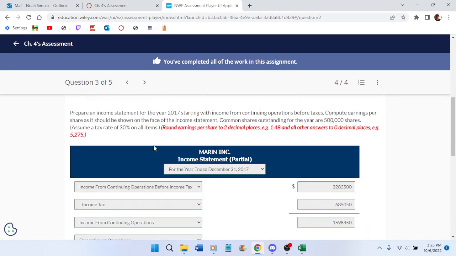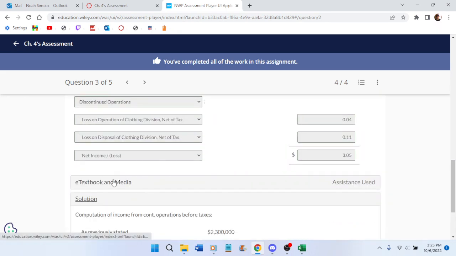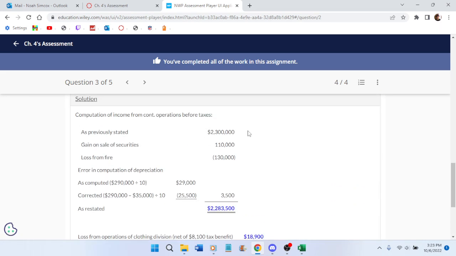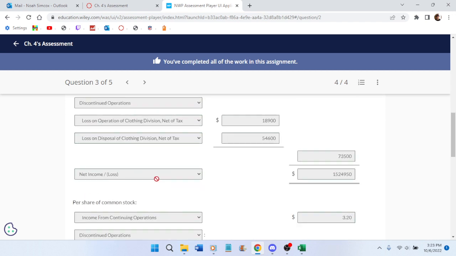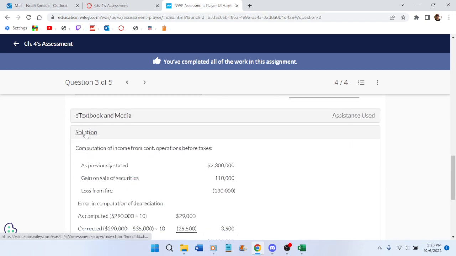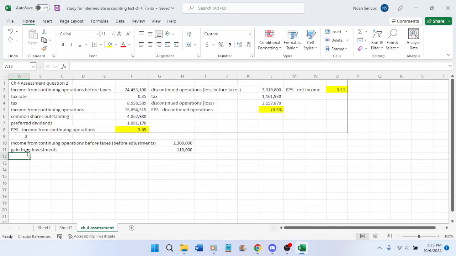Oh, I just need to make sure. Yep, loss from fire. Looks like they include it. They also gain on sale of securities. I said gain from investments, whatever. Gain on sale of securities.